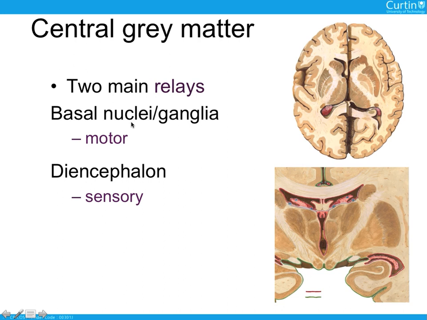So we should really call it the basal nuclei. And this is the main motor relay. Then we have the diencephalon, which is here, and this is your main sensory relay. Both are made of grey matter, so these are going to be cell bodies, synapses, and small unmyelinated interneurons.